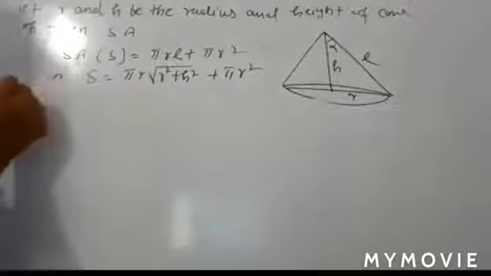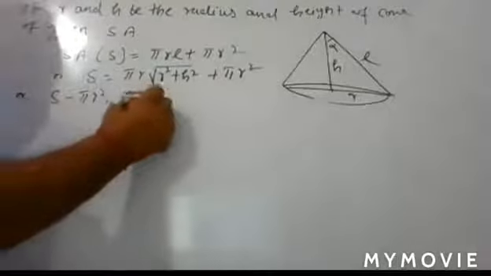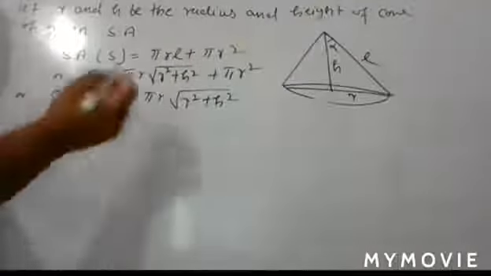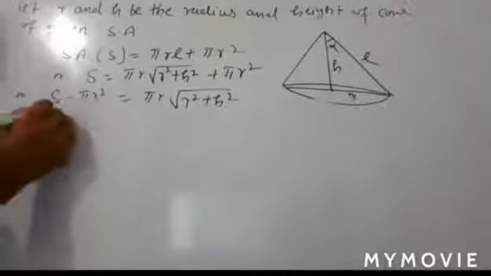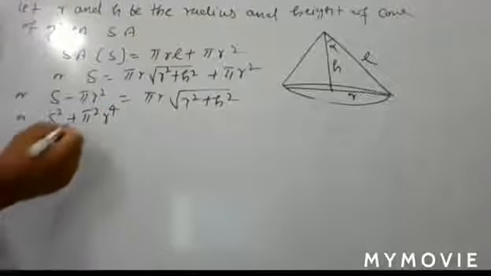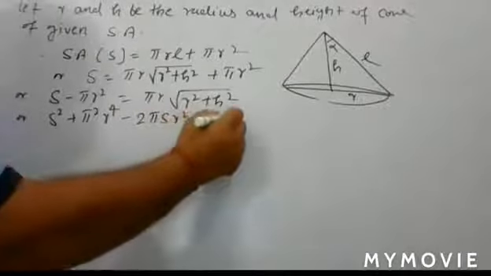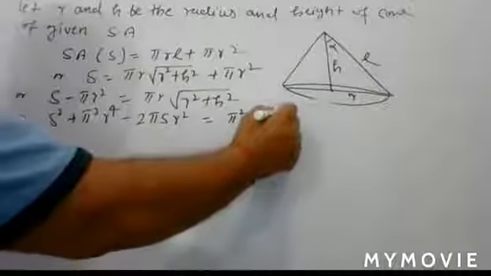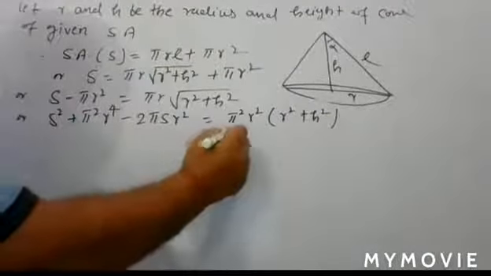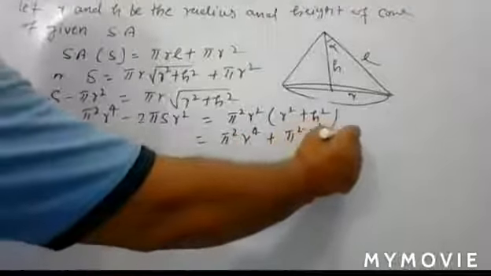So what you do, write in this way: S minus pi R square is equal to pi R under root R square plus H square. Now squaring both sides, you have S square plus pi square R to the power 4 minus 2 pi S R square is equal to pi square R square into R square plus H square, which is also equal to pi square R to the power 4 plus pi square R square H square.